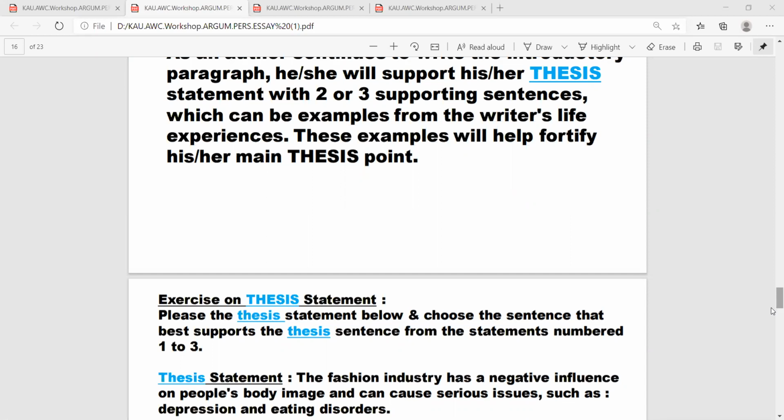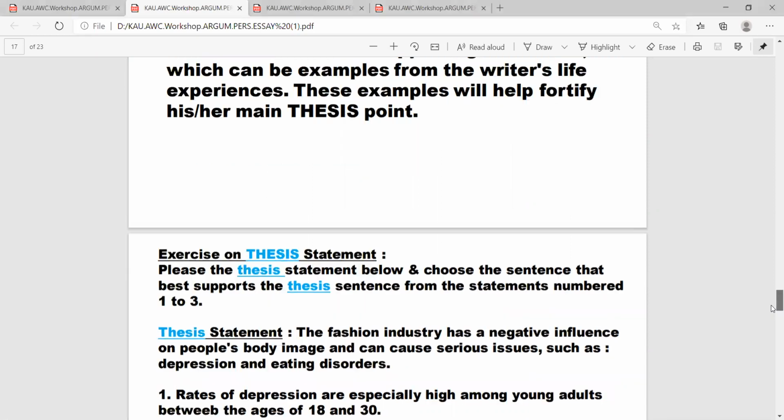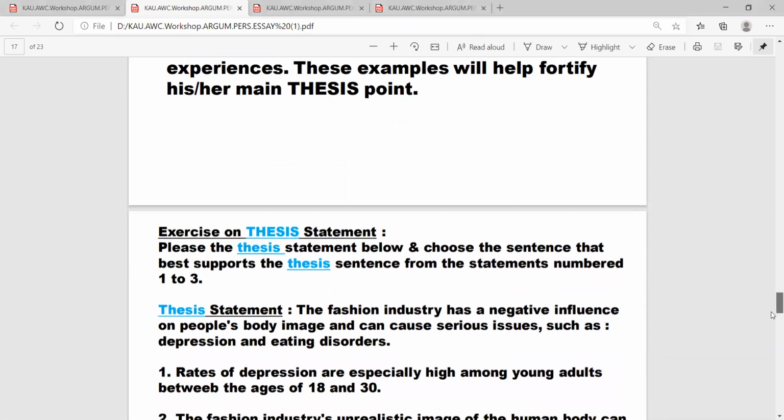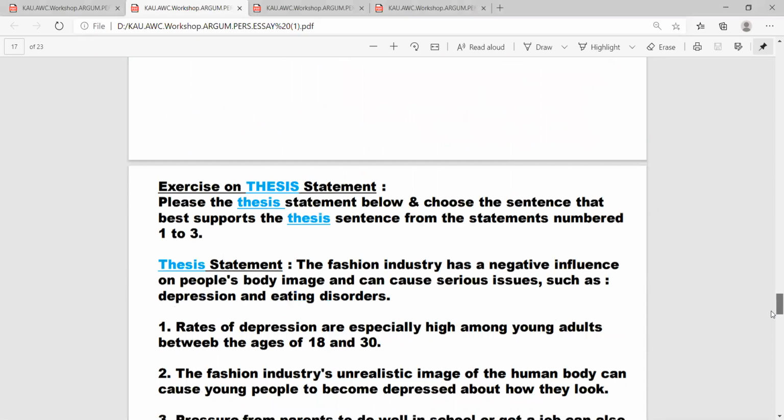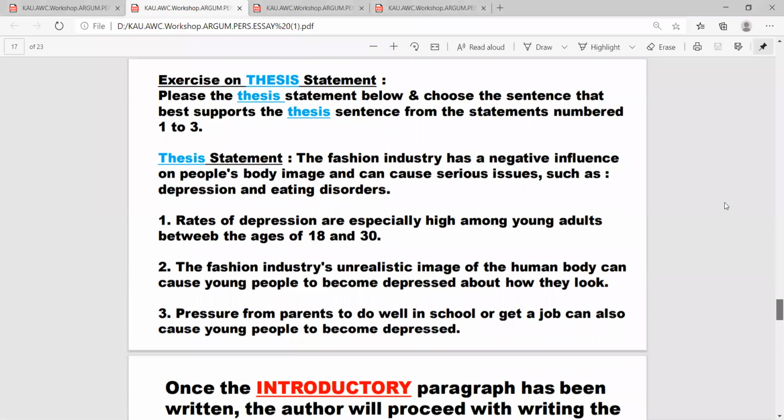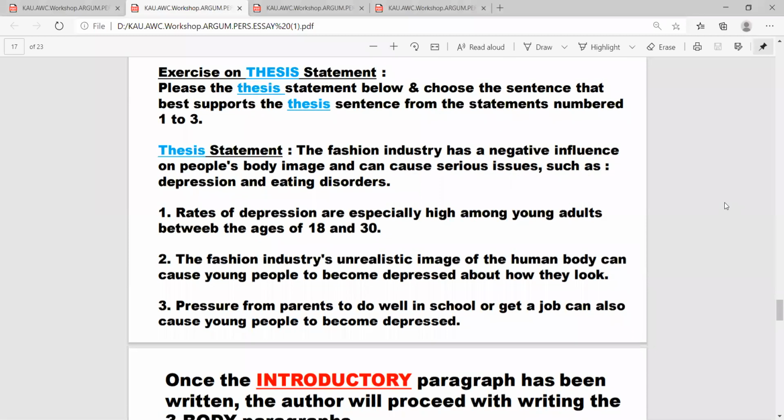So you're not going to say that your brother and sister was obligated to wear a uniform and they didn't like it. They enjoyed it, and you'll say why they enjoyed it, right? If they did not enjoy it, well, please choose other experiences, other examples to fortify and reinforce your thesis statement. Okay.